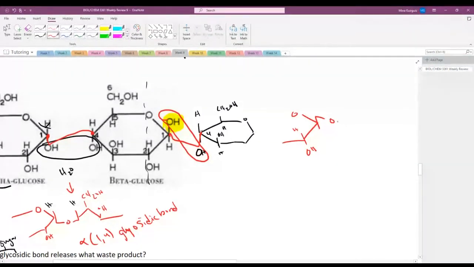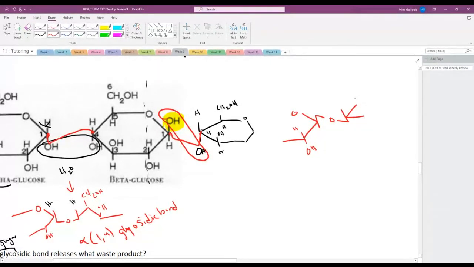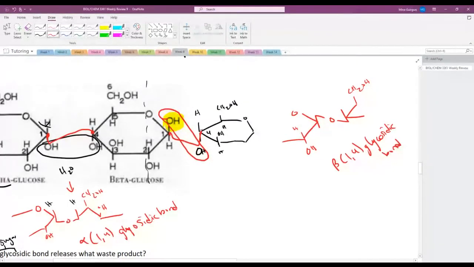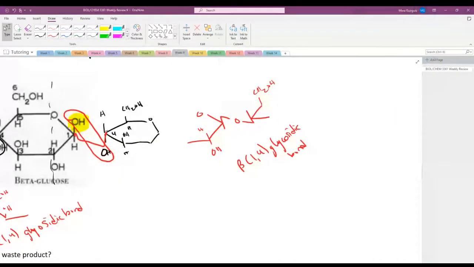It ends up being drawn like that. And then this is the CH2OH and so on. So this is a beta 1,4 glycosidic bond.